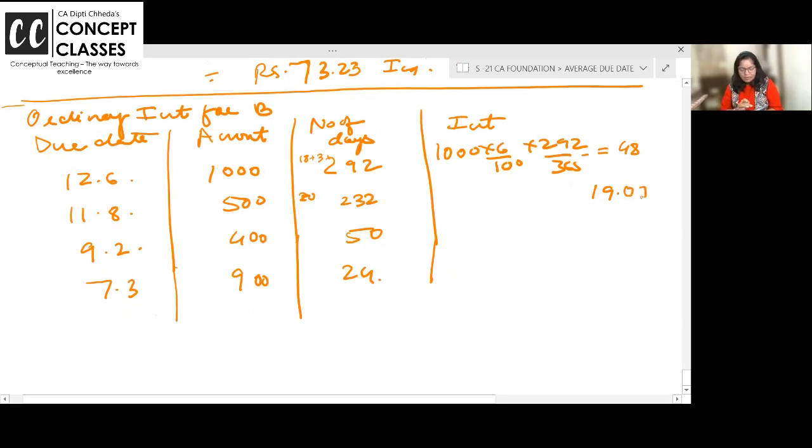First one, do it again: 1000 into 6% into 292 divided by 365, round 48. 400 into 6% into 50 divided by 365, 3.29. 900 into 6% into 24 divided by 365, 3.55. Chalo. How much is your routine interest coming to?